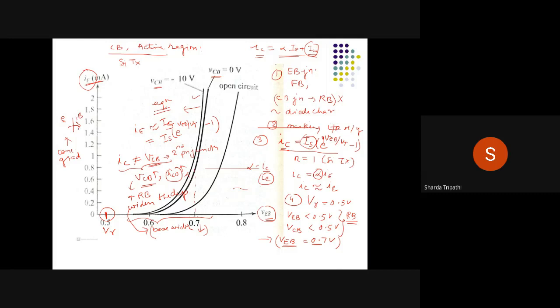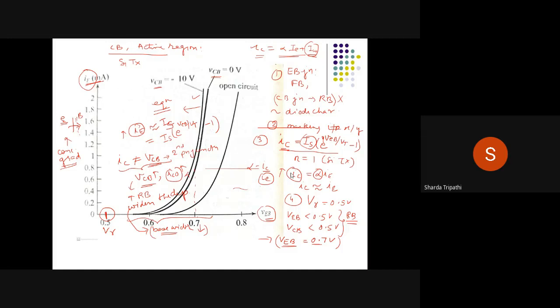Now that you are further reducing the width of the base, there are very few carriers in this region. In the emitter region, you have a large number of holes, but in the base region, you have very few holes, and those have been reduced further because of the reduction in the base width. So this increase in concentration gradient actually increases the emitter current. And when emitter current increases, the collector current also increases.